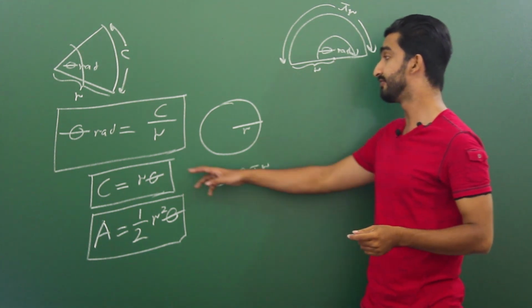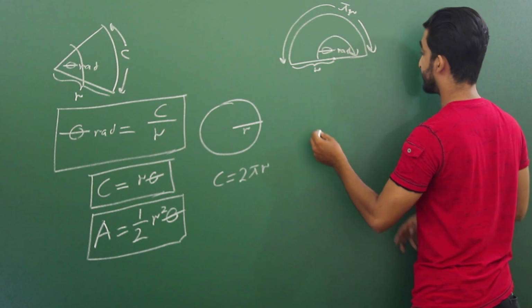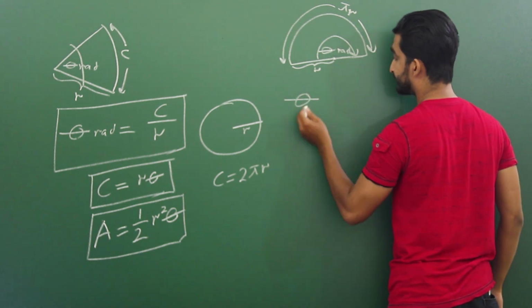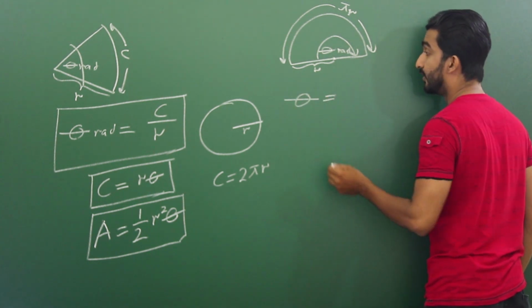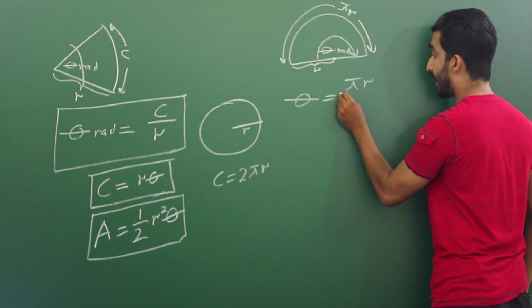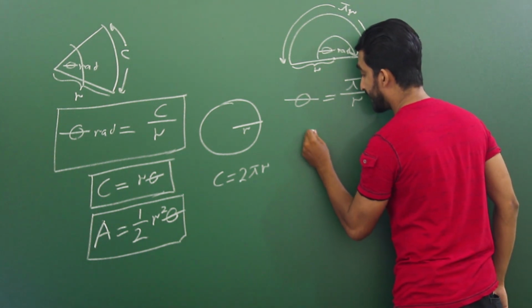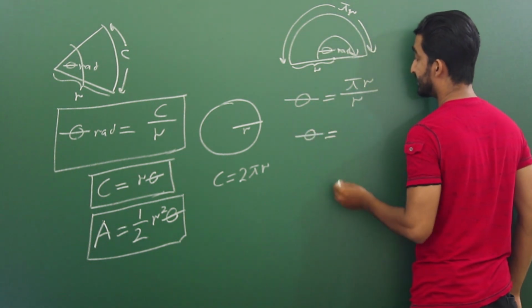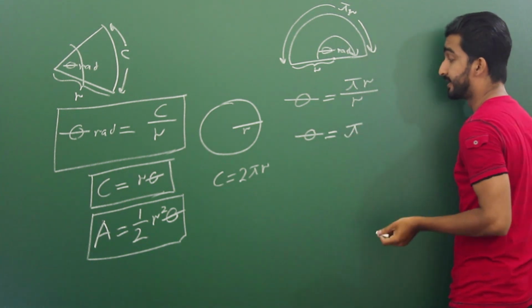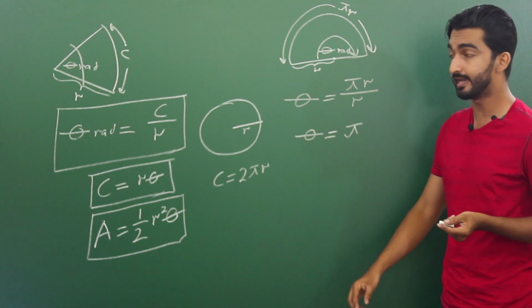And with this definition, theta radian is equal to C over r, we can say this theta is equal to C over r. C is arc length, which is pi r, and radius is simply r. So we get theta equals pi. But we know in degrees this theta should be 180 degrees.